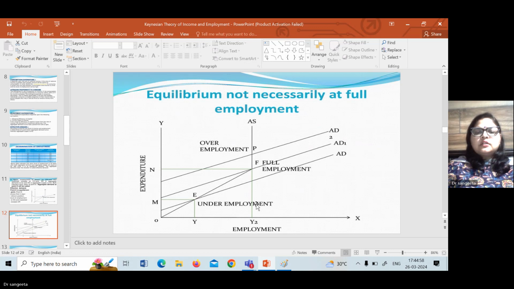That means there is underemployment. And if the demand moves up, then supply is still constant. At this point, there will be overemployment.